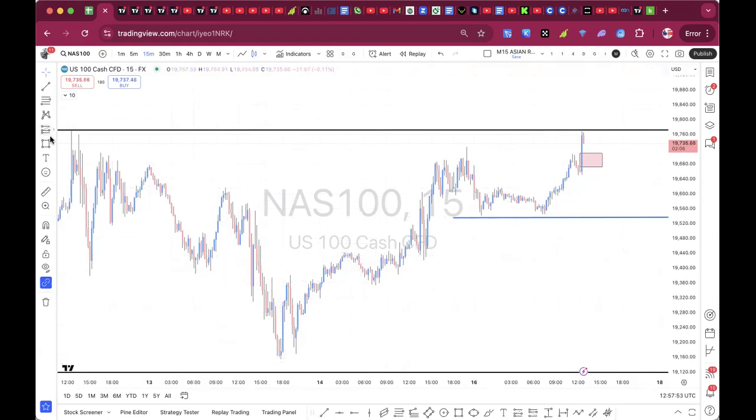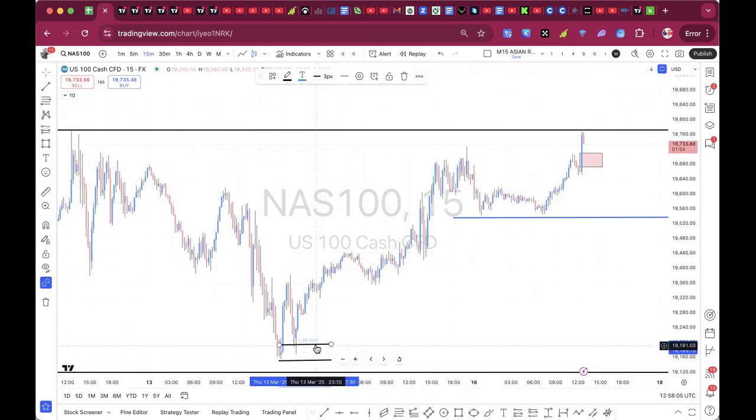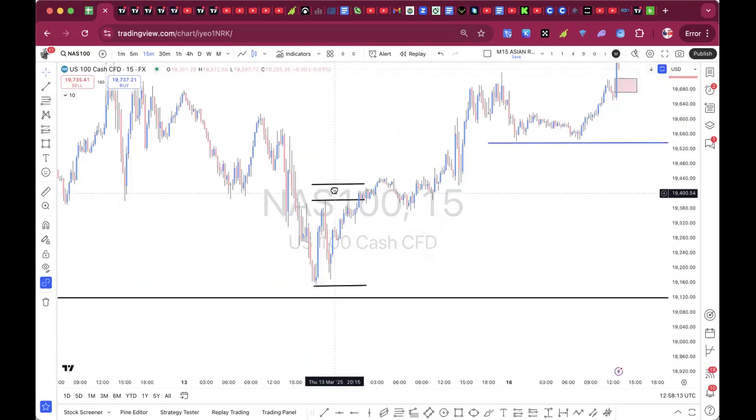So we're having region by region of the market here. This is the 15-minute time frame. Remember, when we talk about price action, understanding market structure is one of the major aspects of price action. So here is another low.